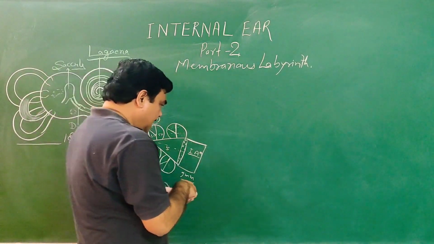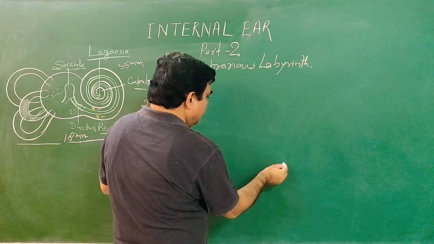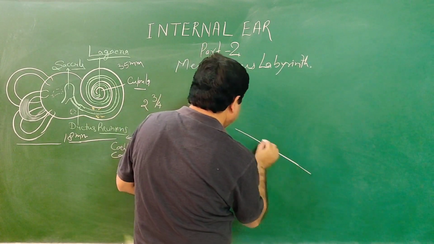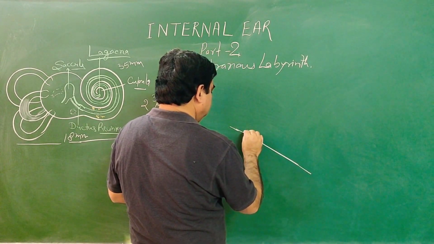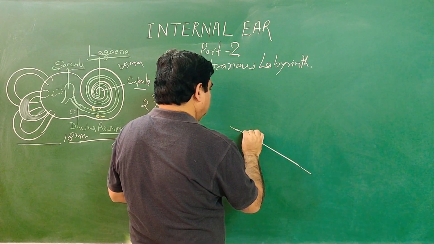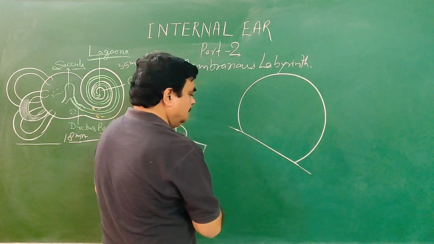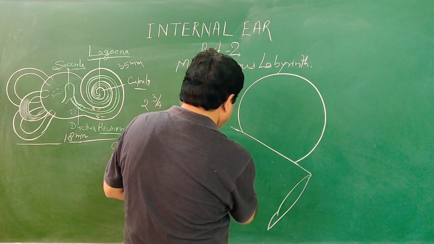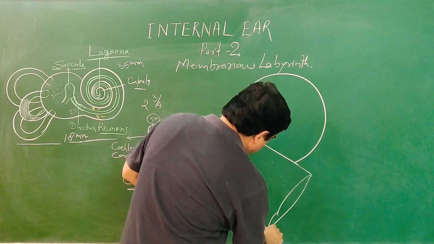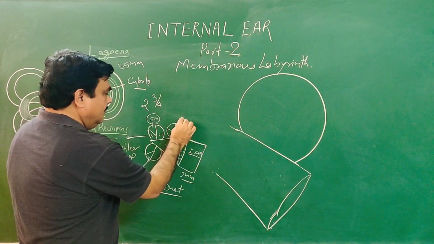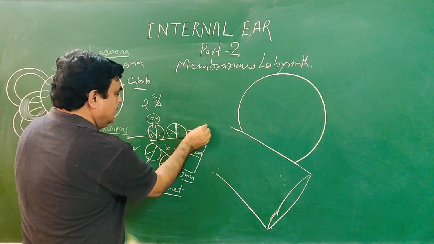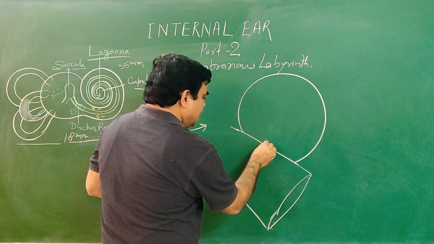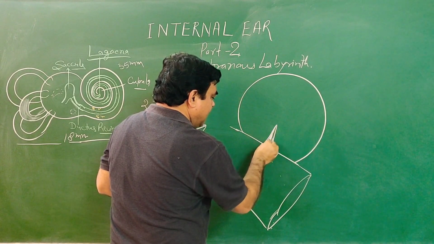If we make a diagram like this, this is the modiolus. This part is the enlarged, magnified part of this. Here is the position of the spiral lamina.